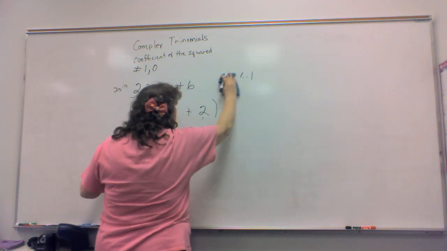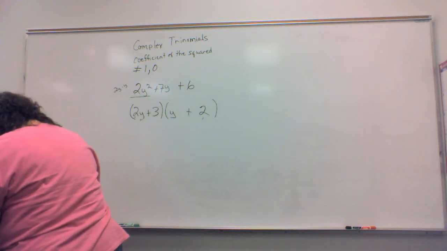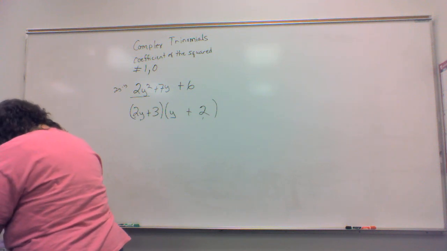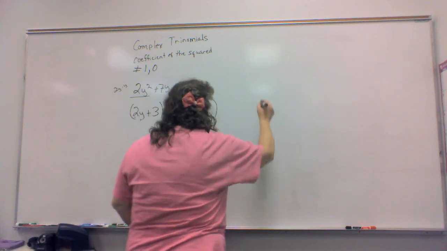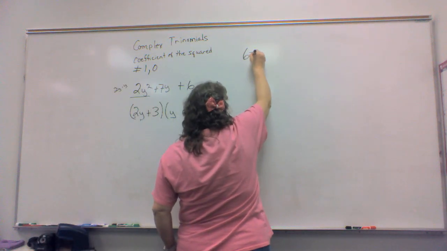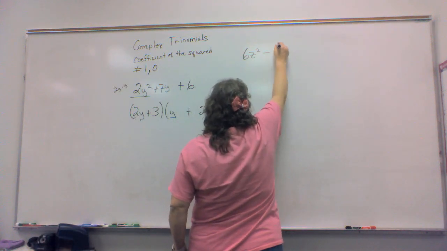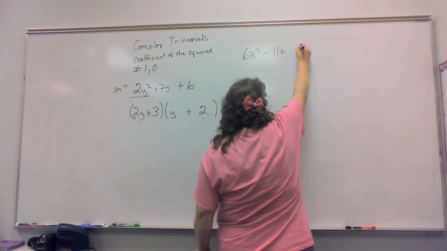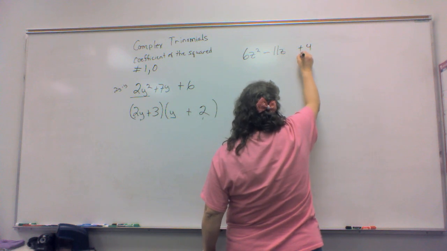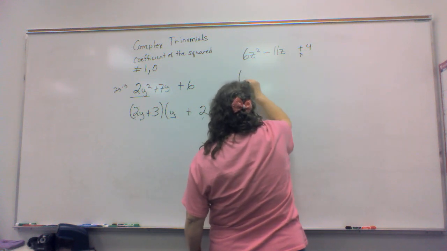Okay, so now let's see what our next problem is going to look like. 6z squared minus 11z plus 4. Again, this says the sign is the same and it's going to be negative.